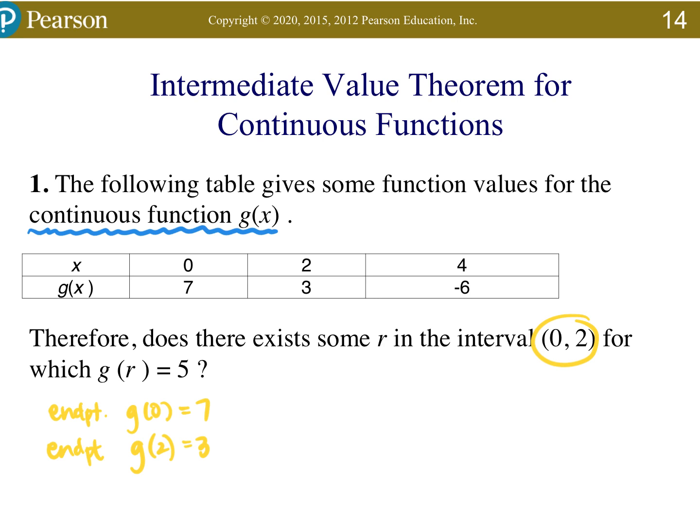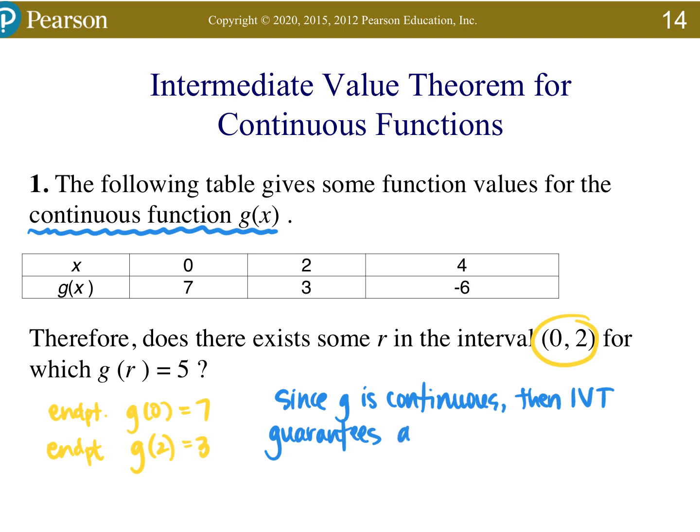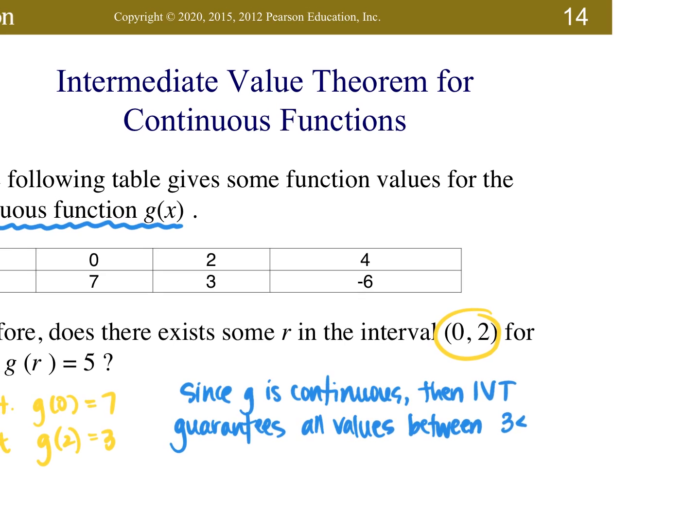So we would say something like this: since g is continuous, the IVT guarantees the existence of all values between 3 and 7.